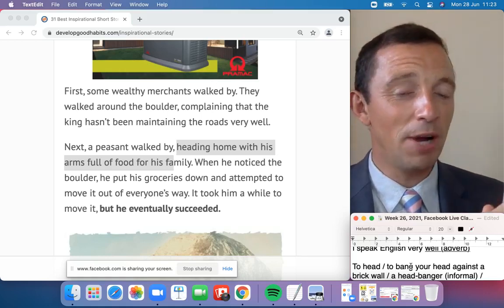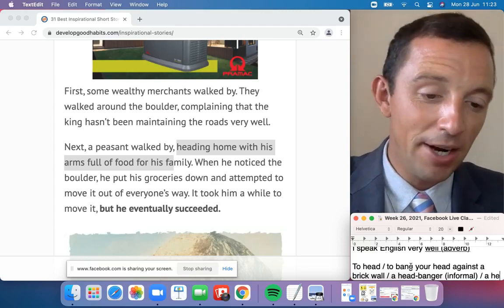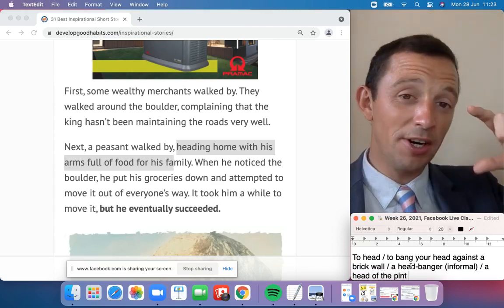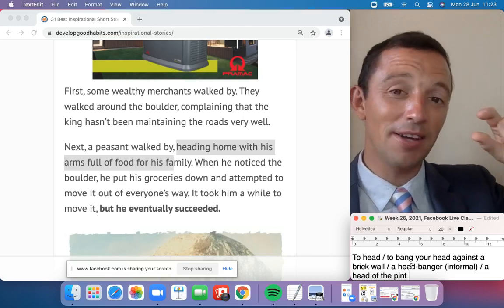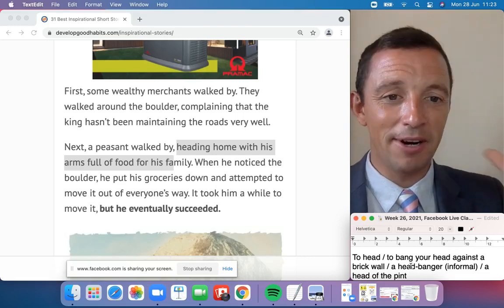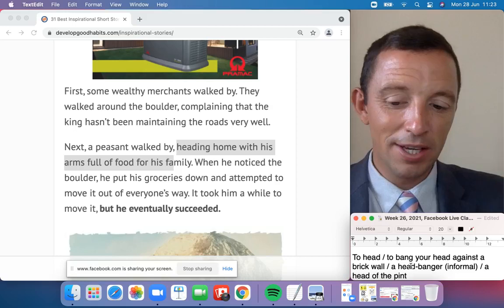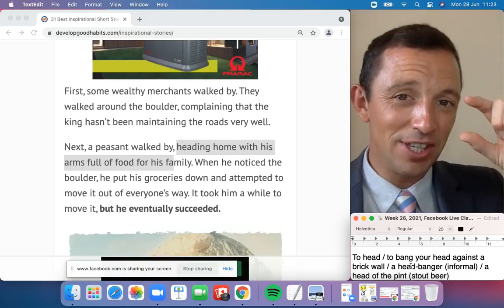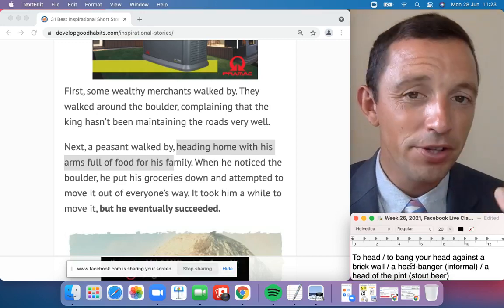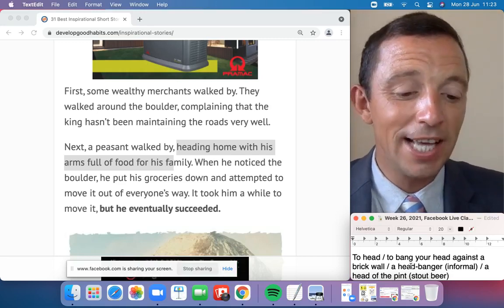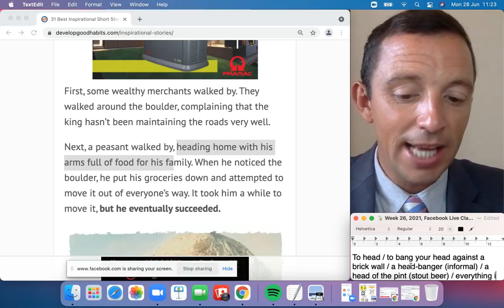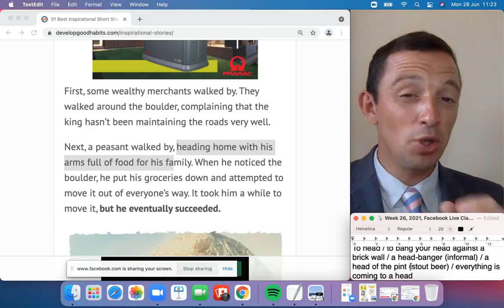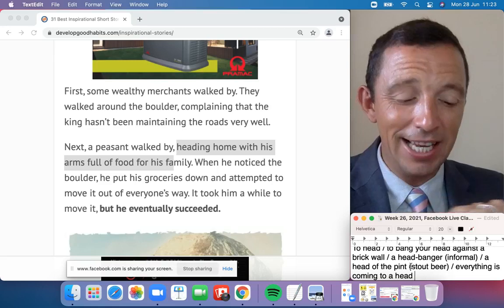We have another expression. For the beer or the alcohol, you have a head of the pint, which for your beer is the top part of the beer. For example, it's very famous with the stout beer, that you need a good head, which is the top of the beer. But we have another expression in English. We say everything is coming to a head. So when things come to a head, again, it could be your skin, like an infection.